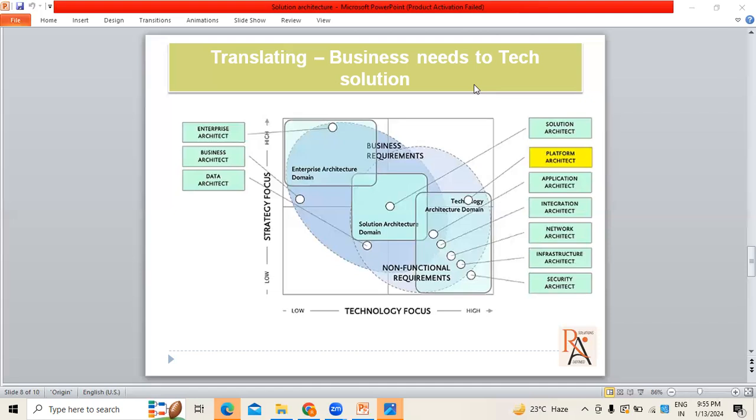Now, when there is a transformation of business solution to the technical solution, solution architects should have an idea about the architectural perspectives. The first one is called the business perspective. You can make a note of it.